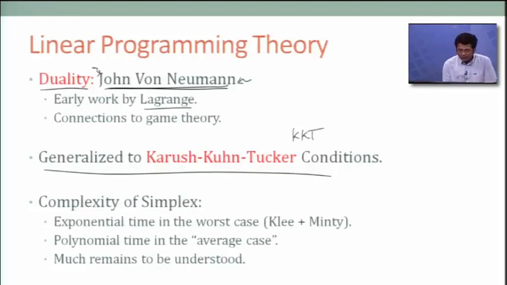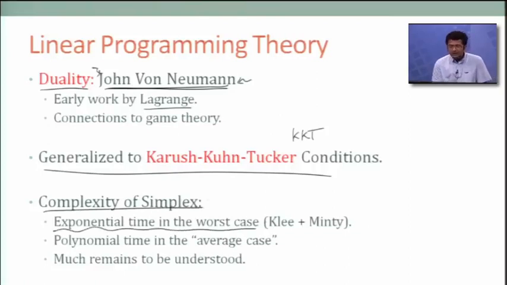There is one unfortunate fact about simplex, which is that its complexity is exponential time in the worst case in the size of the problem. So it can take a large amount of time to finish, and Klee and Minty showed an example of one case where simplex with a particular pivoting rule can take an exponential amount of time to finish.